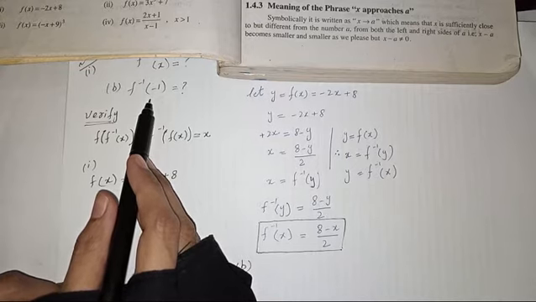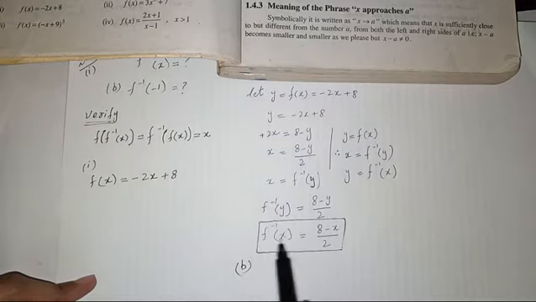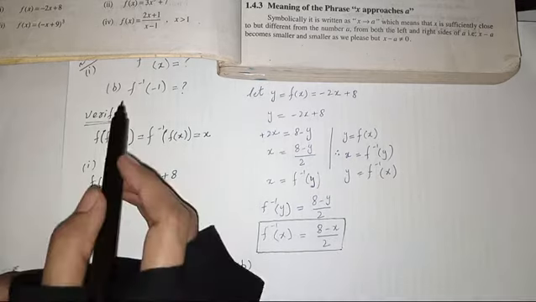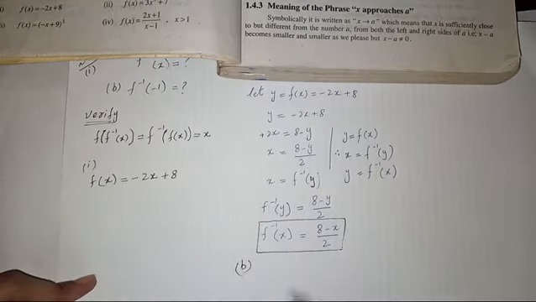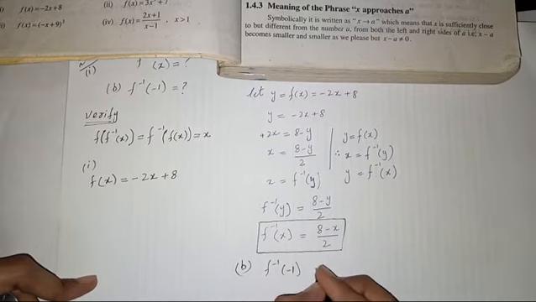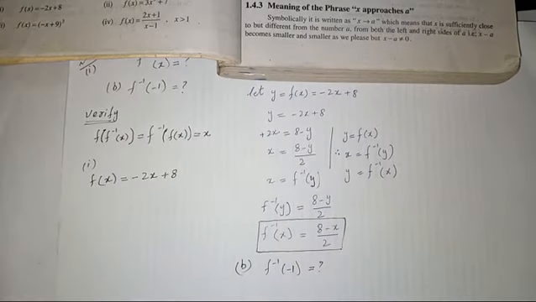Clear? Listen to me again. F inverse x we have calculated 8 minus x divided by 2. Now we have to calculate f inverse minus 1 in B part. To calculate f inverse minus 1, now put in place of x minus 1.